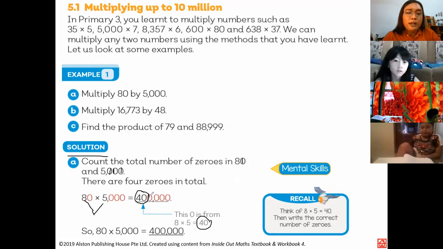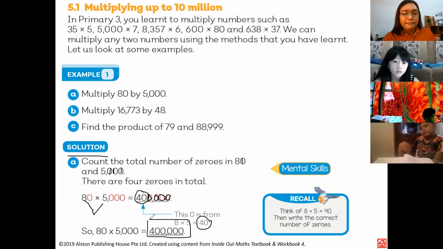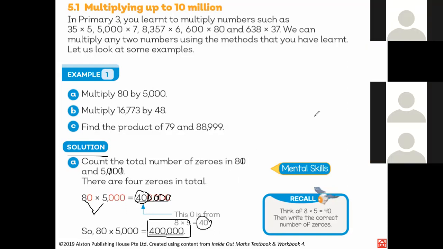Okay, so 1, 2, 3, and 4. So 80 multiplied by 5,000 is equal to 400,000. Okay, do you understand?